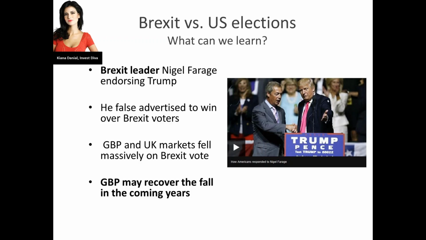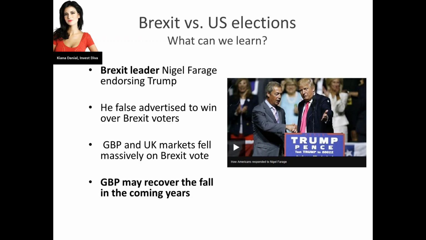So what can we learn about this? First of all, Trump was in favor of Brexit himself. He went to Scotland after the Brexit vote, and Scotland largely voted to remain in the EU, and he went over there and said, "Oh, this is great." People over there now obviously hate Trump.